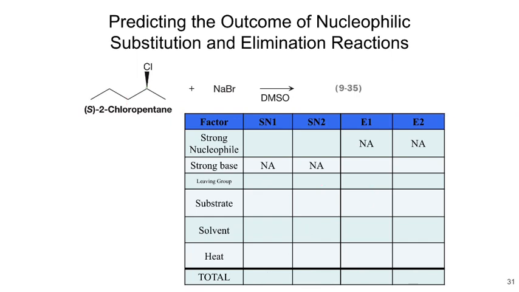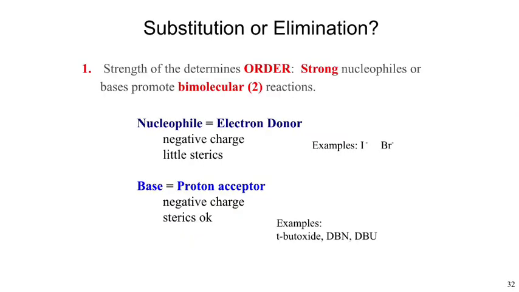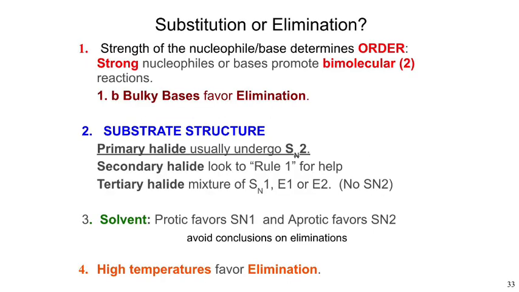Okay. I would argue this isn't content, but these are just other summaries that do the same kind of thing. So strength determines your order. If you have a strong nucleophile or a strong base, that's number 2. So that's E2 or SN2. Okay. Substrate structures. We've got the substrate structures summarized out here.